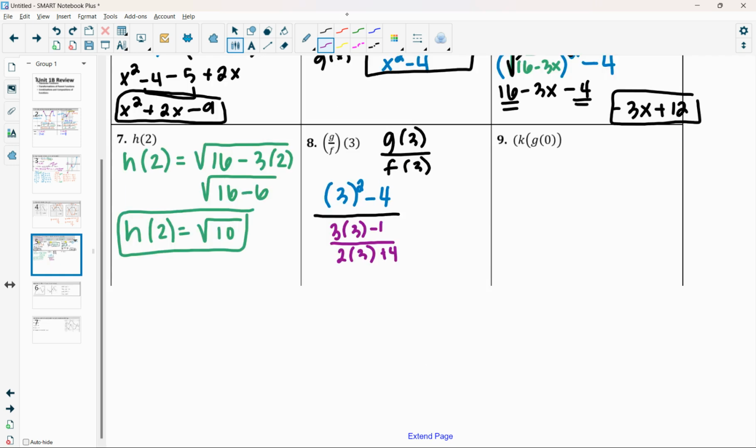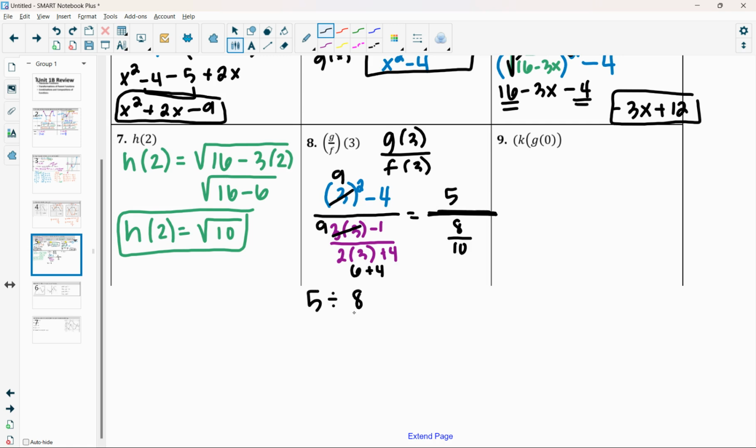So then you can just simplify these separately. So you've got the top, which 3 squared is 9, and 9 minus 4 is 5. Then on the bottom, you have 9 here minus 1, so that's 8. And then the bottom of this one is 6 plus 4, which is 10. You can use a calculator to do this if you want to. Otherwise, I'm going to write this as a division symbol.